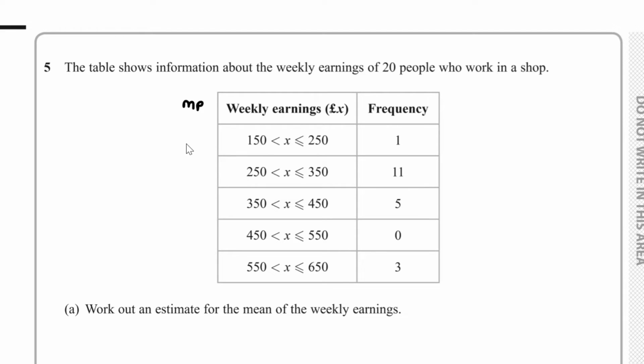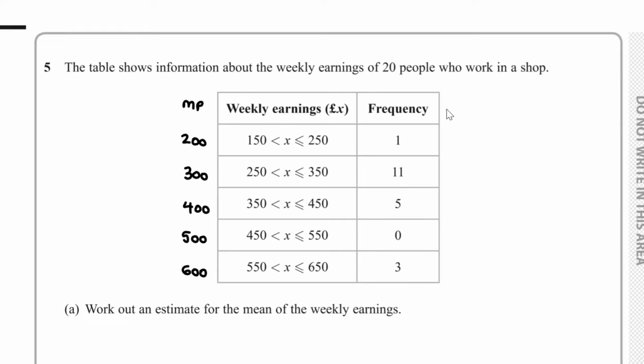So the midpoint here is 200, the midpoint here is 300, the midpoint here is 400, the midpoint here is 500, and the midpoint here is 600.